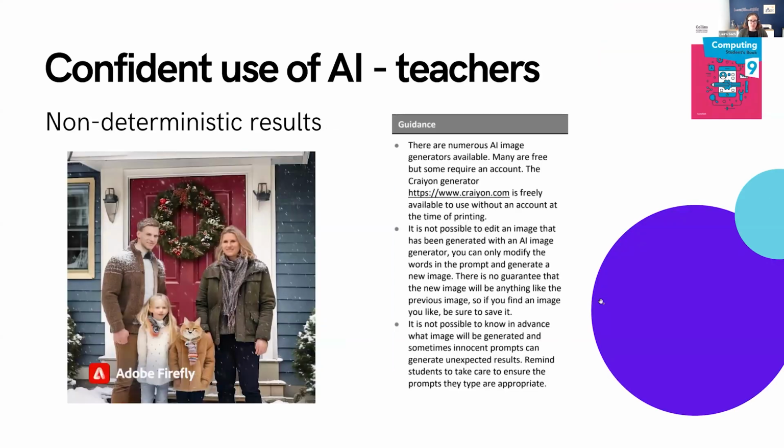And then going on to using AI for teachers, something that I would flag up is that not all AI image generators, so we're talking specifically about image generators at this moment, are equal. Definitely please check, if you're going to use one, what the usage agreements are.